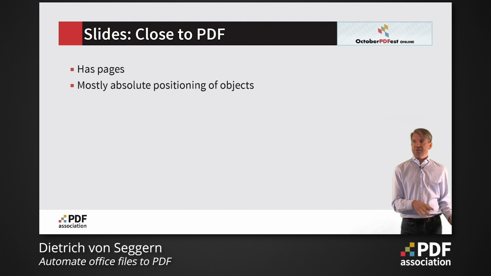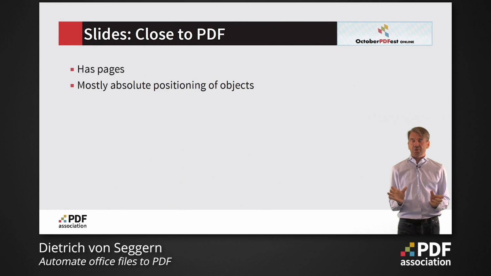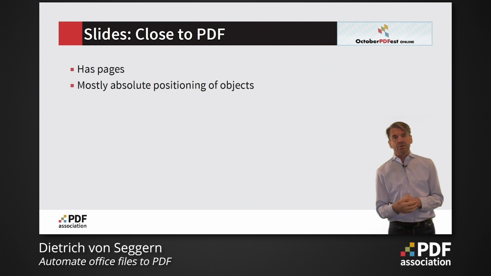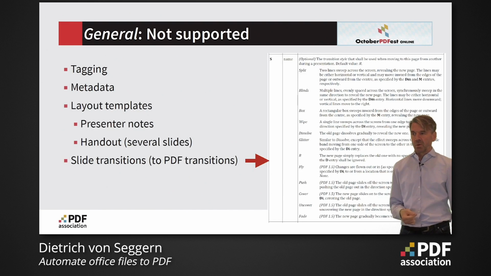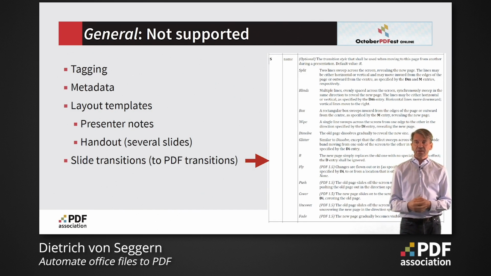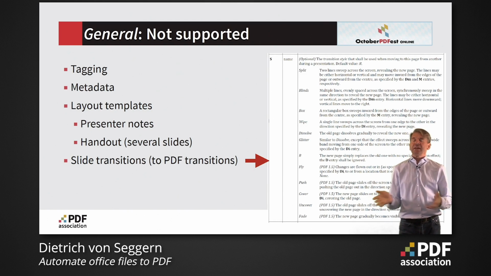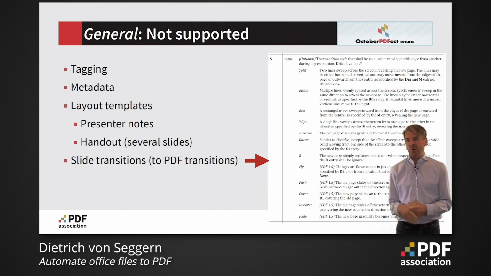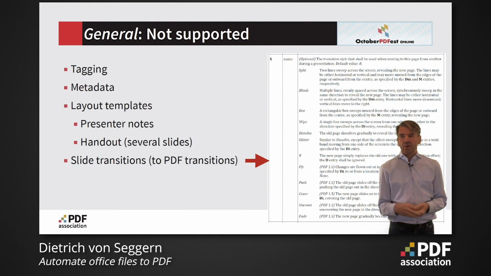So far on spreadsheets, then just a brief look at slides. Slides have pages. Most objects are positioned absolutely, so this looks as if it is good for conversion, and in fact it is. However, neither of the two programs that we're comparing does anything about tagging or metadata or layout templates, or creating PDF files with presenter notes or as a handout, and neither do they support slide transitions.